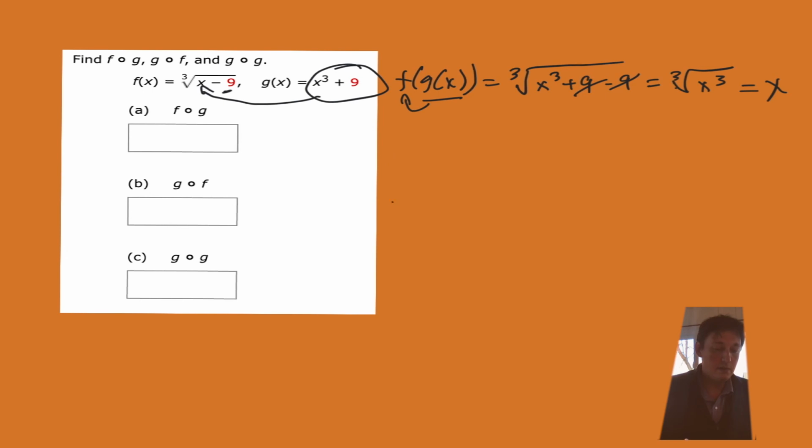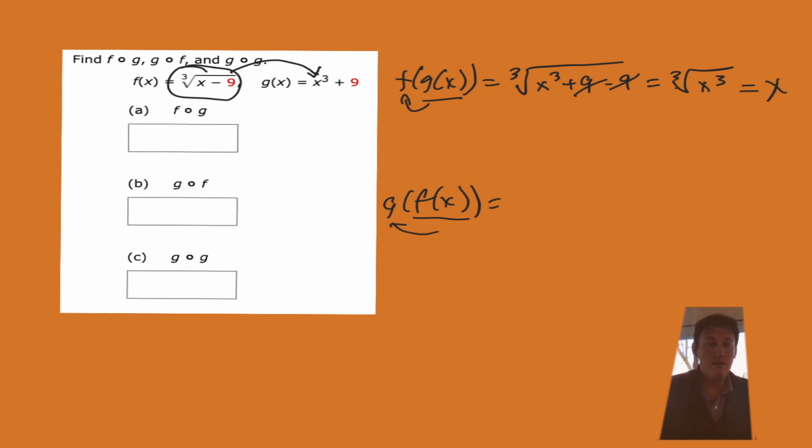The second function, g of f of x, is the same thing, just going in the other direction. So I'm going to take f of x and plug it into g, which is every x I see in g.